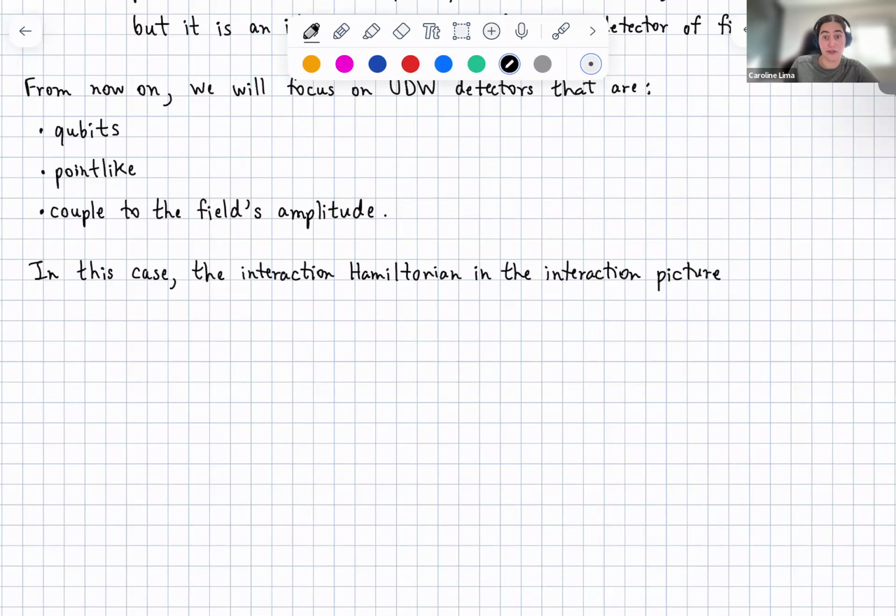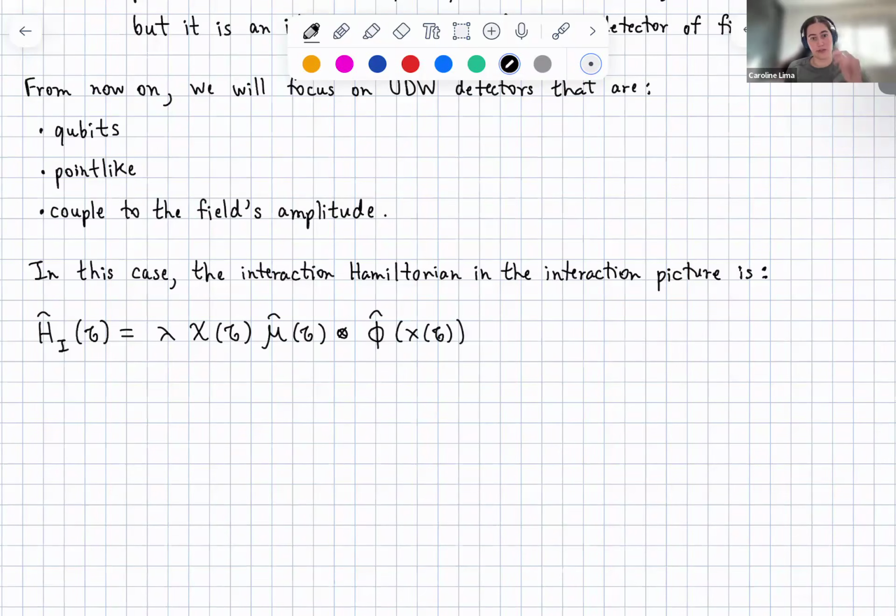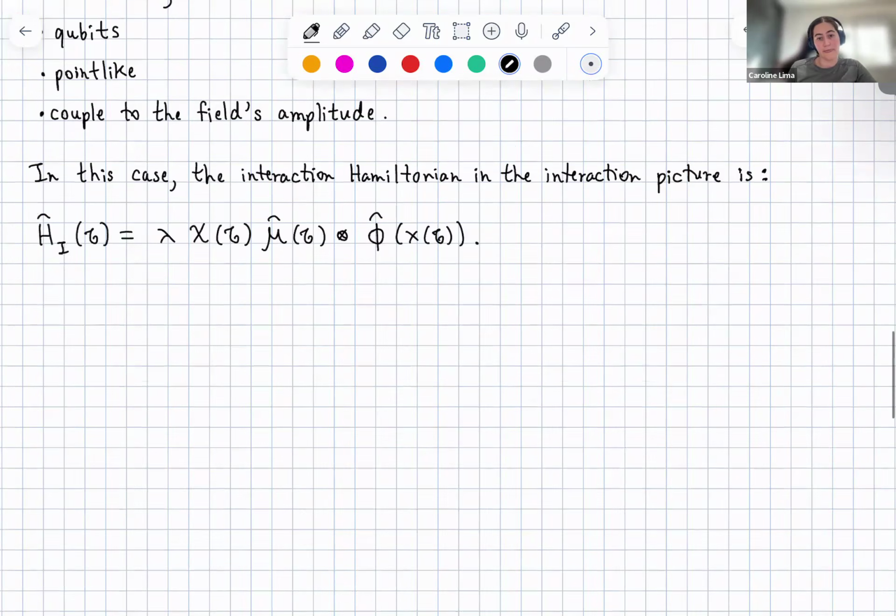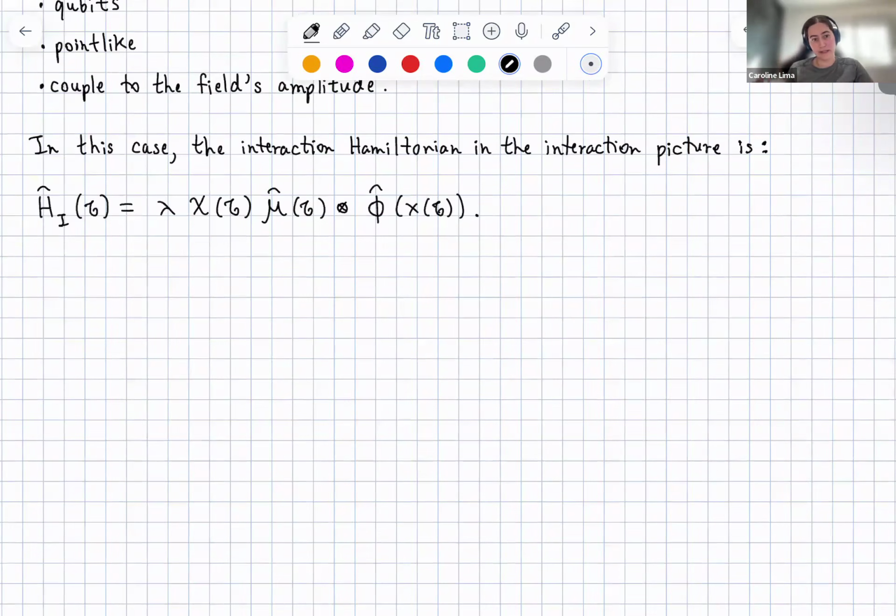The interaction Hamiltonian in the interaction picture will be written as a function of the proper time of the detector, and it is going to be the coupling constant times the switching function times the monopole moment, coupled to the field amplitude sampled along the detector's trajectory. Now, specifically for the qubit, what is the free Hamiltonian that we're going to prescribe?